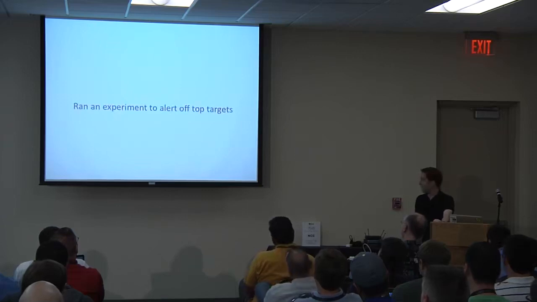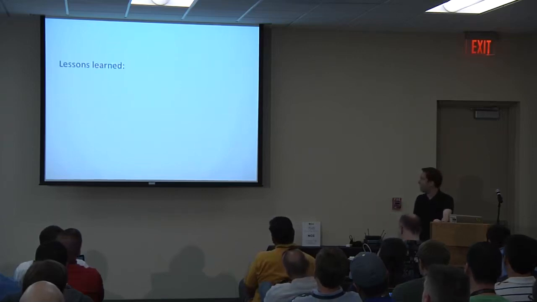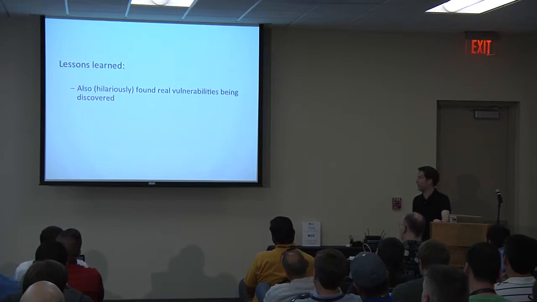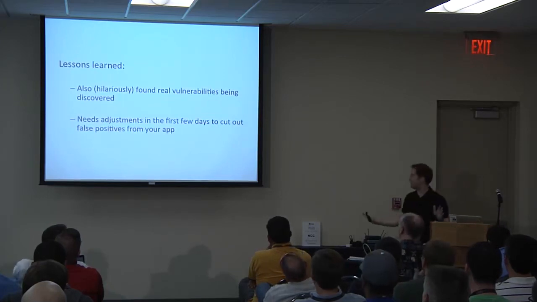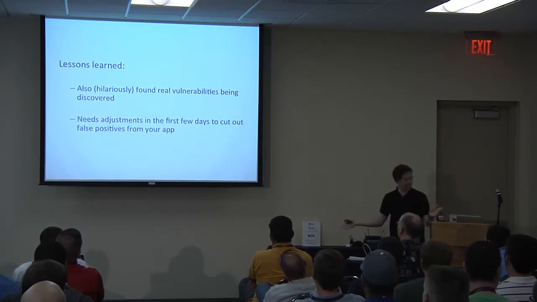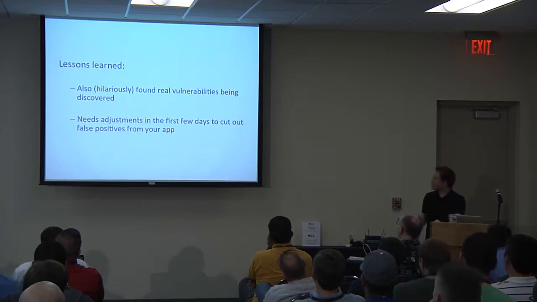So we ran an experiment off of these three. Hilariously, it finds real bugs. We thought that this would find a real bug once, and then there would immediately be a blog post on us doing this. There hasn't been, which is awesome. No one take that as a challenge or a thing to tweet. Just being open, it needs adjustments in the first few days.